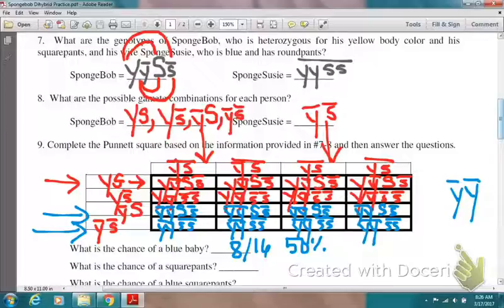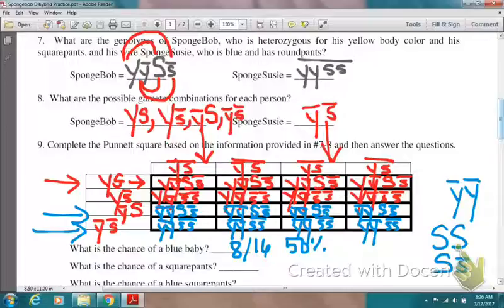On your paper, if you will write blue and tell me that the chances of a blue baby are 8 out of 16. Now the next question asks, what's the chance of them being square pants? What genotype would they have to be to be square pants? They could be big S, big S, or big S, little s.